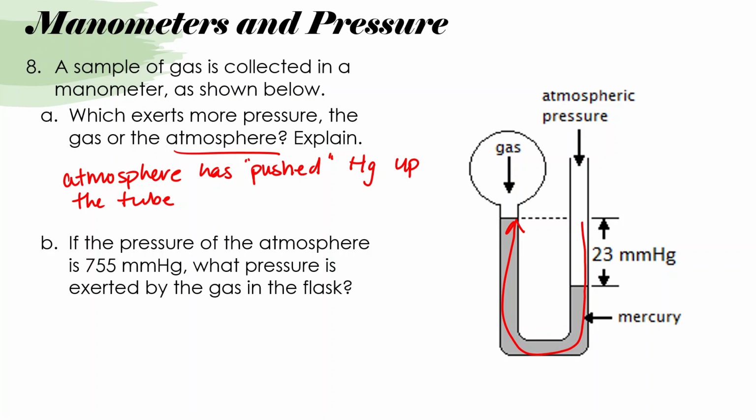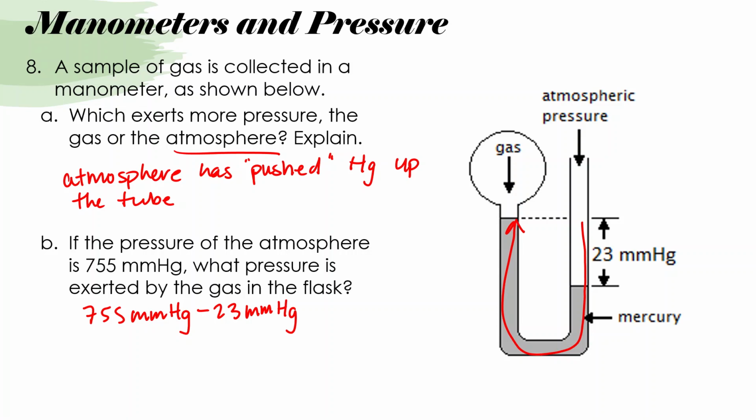So if the atmosphere is 755 millimeters of mercury, the atmosphere is pushing harder by 23 millimeters of mercury. So if I subtract the 23 here, this is going to tell me what's being exerted by the gas inside of the bulb.